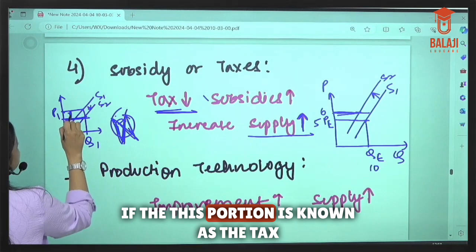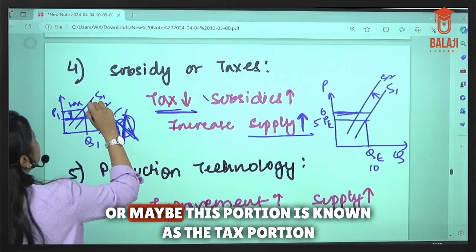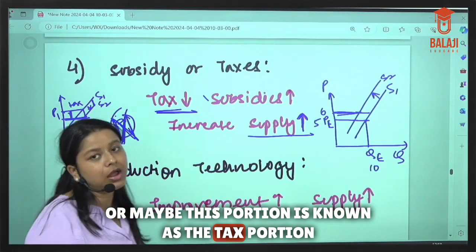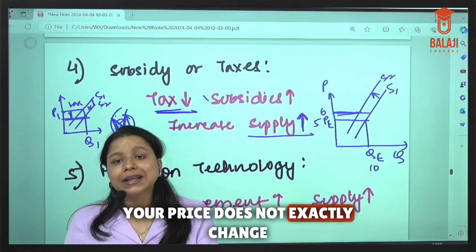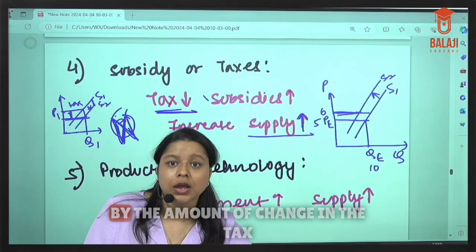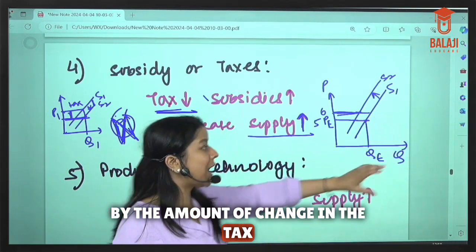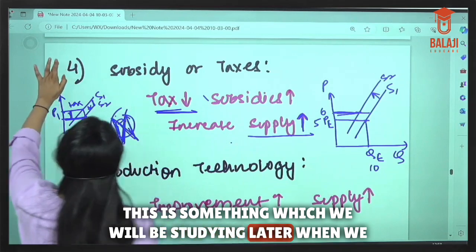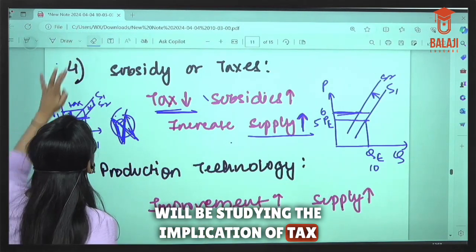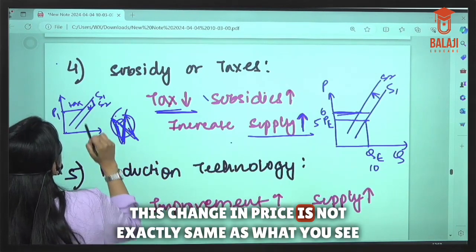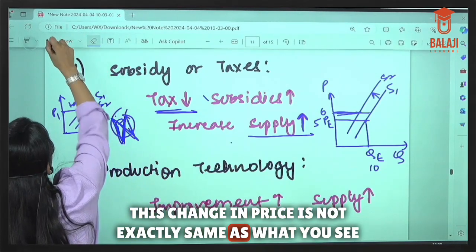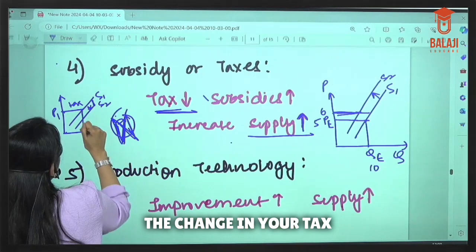This portion is known as the tax portion. Your price does not exactly change by the amount of change in the tax. This is something we'll be studying later when we study the implication of tax. But this change in price is not exactly the same as the change in your tax.